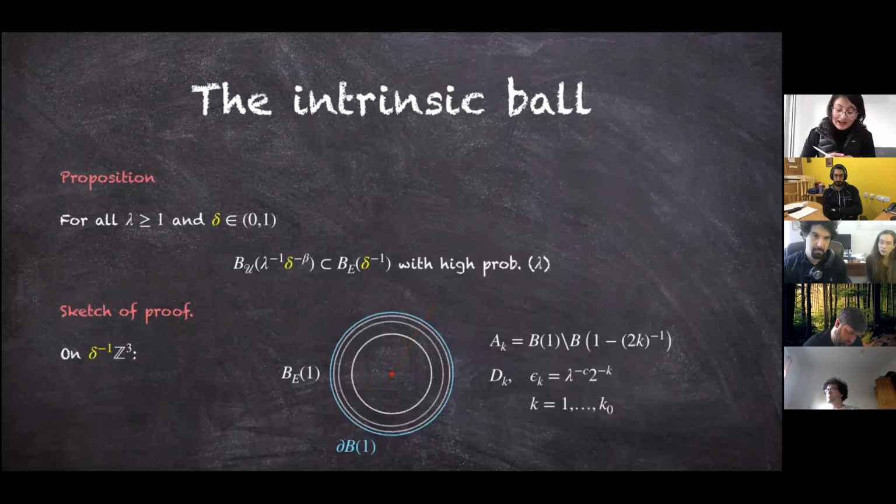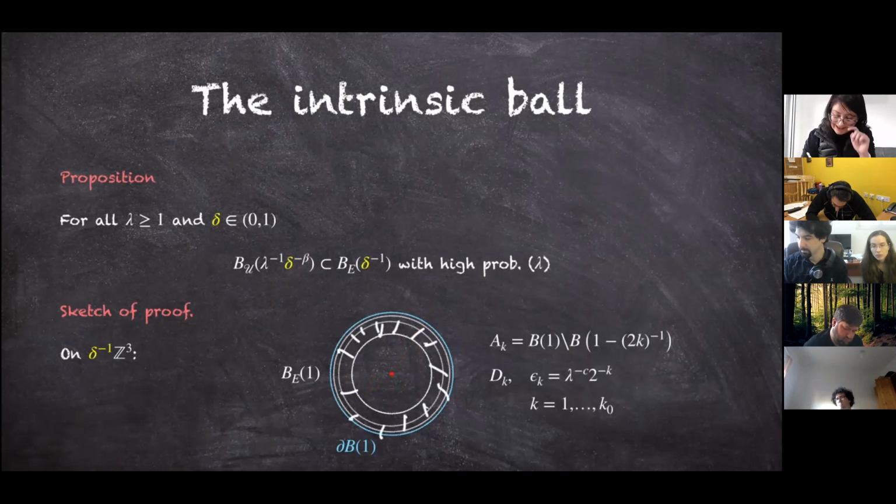And the way that we achieve that is with an approximation with annuli. So we have annuli that start here, like this part, and it decreases as k goes to infinity. Well, but it cannot go to infinity because we still live on the lattice.